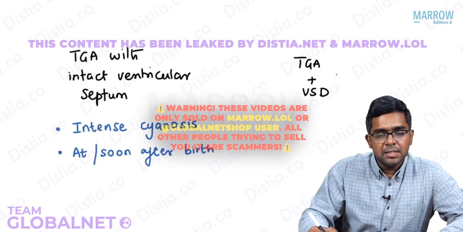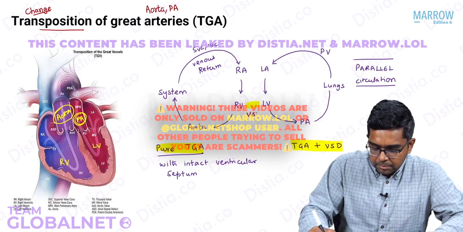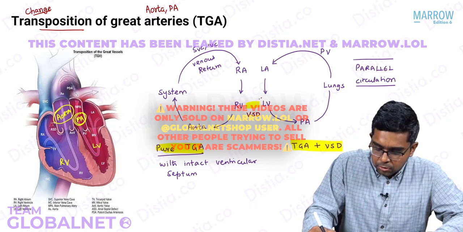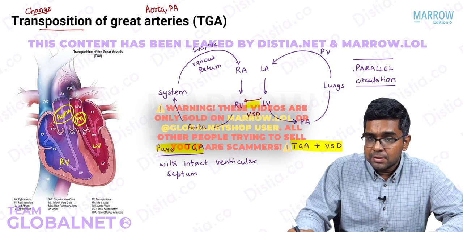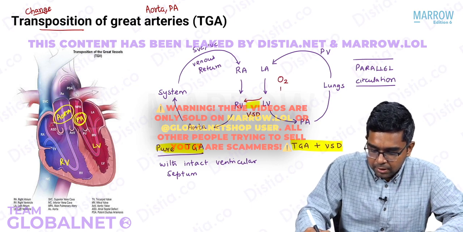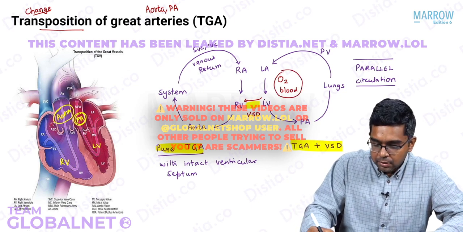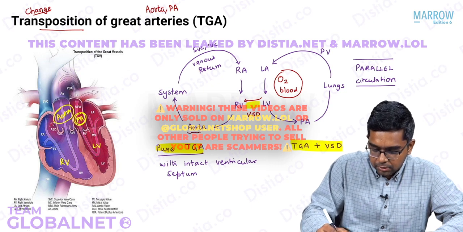Whereas if there is TGA with VSD, what is going to happen? So here is the ventricular septal defect. Through that, some of the blood from the left ventricle goes into the right ventricle. What is the type of blood in the left side of the circulation? Yes, it is the oxygenated blood, right? So some of the oxygenated blood will go to the right ventricle, and from the right ventricle it goes into the aorta here.